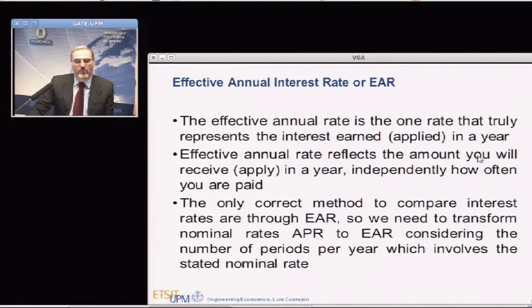It reflects the amount you will receive in a year, independently of how often you are paid. So the only correct method to compare interest rates is through the EAR. So we need to transform the nominal rates, APR, to the effective annual rate, considering the number of periods per year which involve the stated nominal rate.